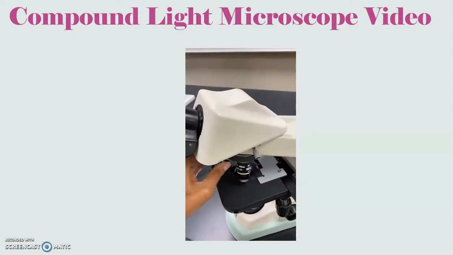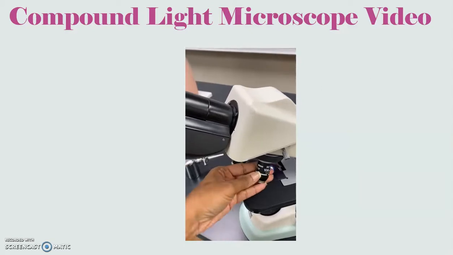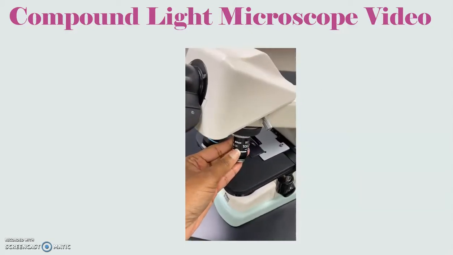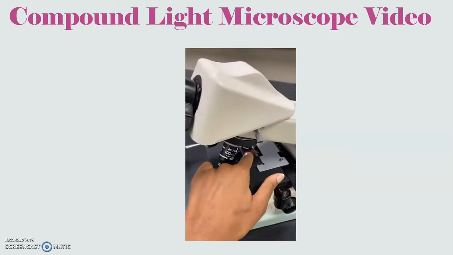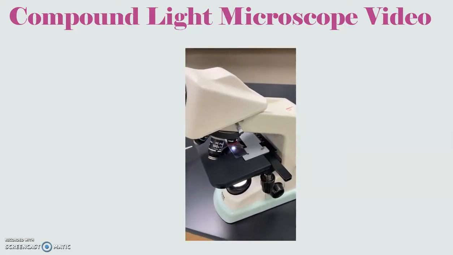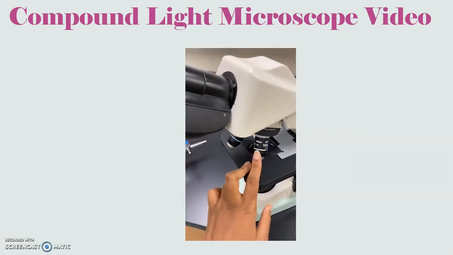Okay? And the last objective lens will be our 100x. You can see that it has the word oil written on it. Oil means that we're going to use oil and we're going to dab just a little bit of it onto our slide to view specimens that are very, very small. So that means that you use it in your microbiology labs, okay?